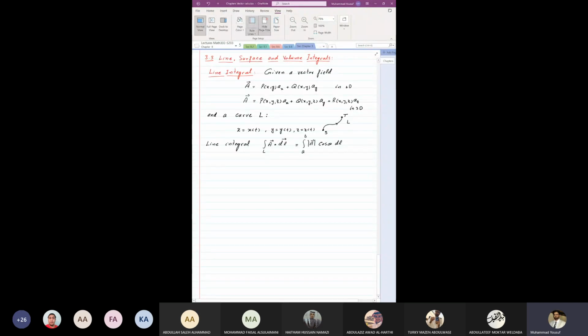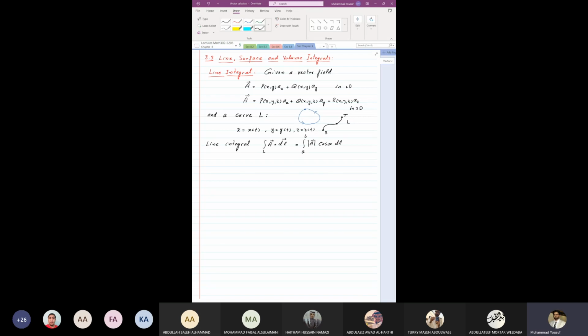Let me make it like this, where starting point and ending point are the same. So we may have a closed curve, where counterclockwise is the direction.